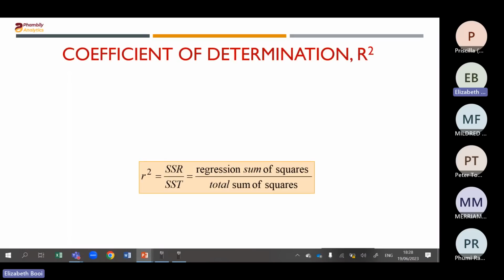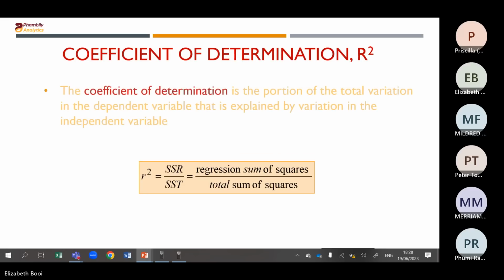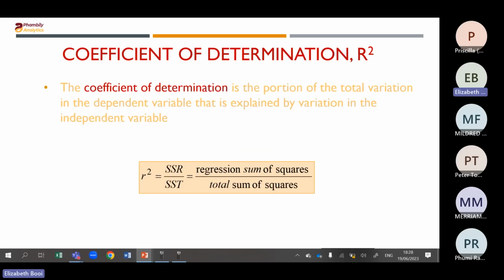You can also calculate it using the sum square measures, because it's just your SSR divided by your SST, which is the sum squares of regression divided by the total sum squares.